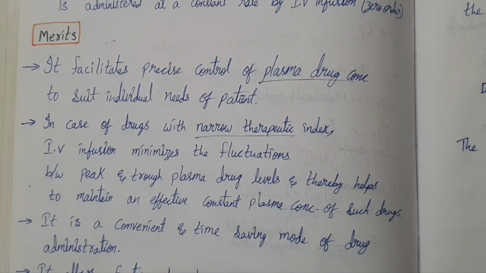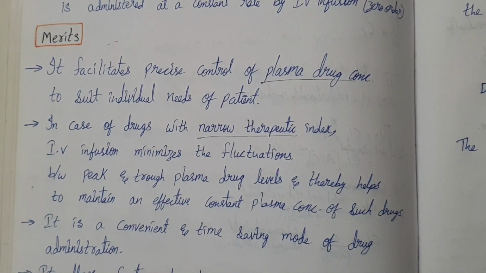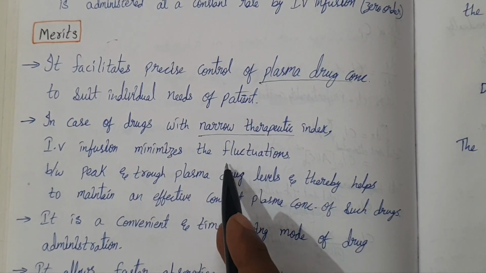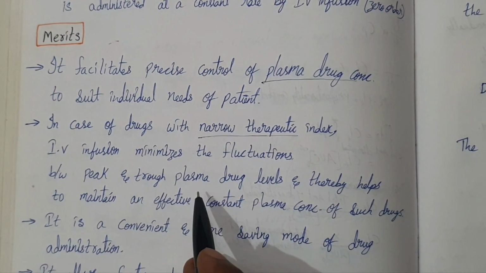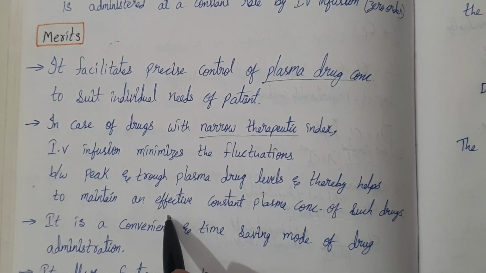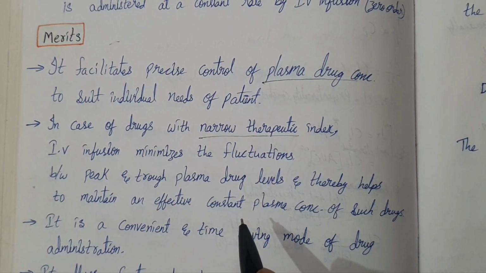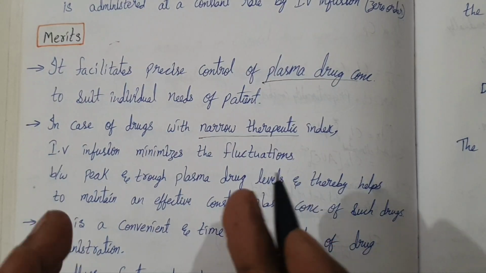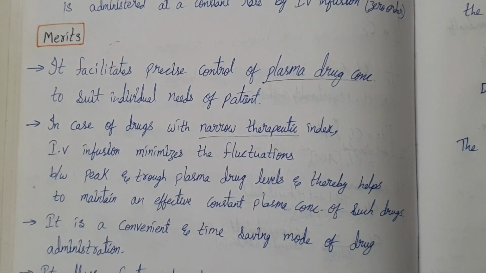Continuous IV infusion minimizes the fluctuations between the peak and trough plasma drug levels. So it provides an effective and constant plasma concentration of drugs in an individual.